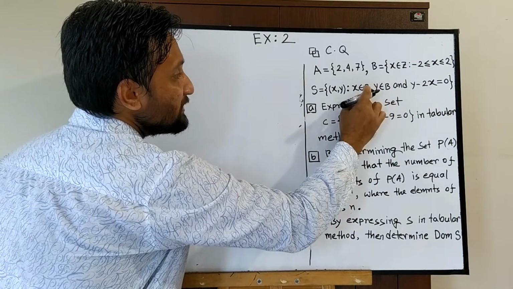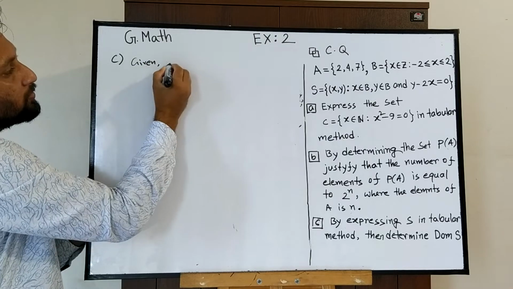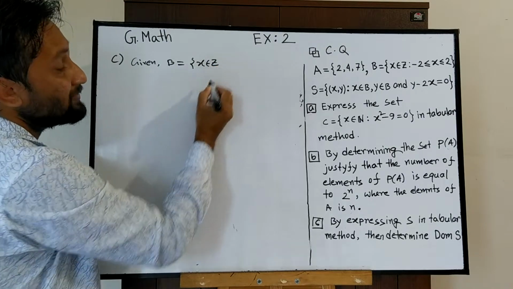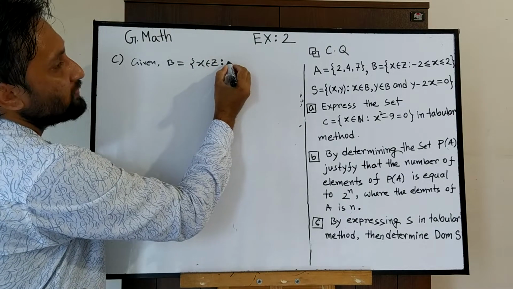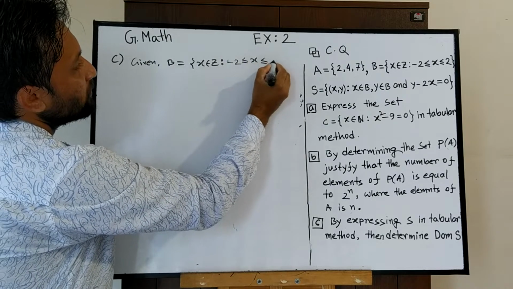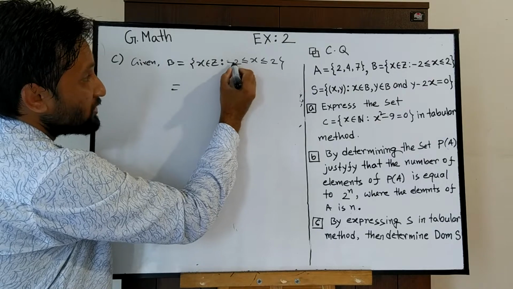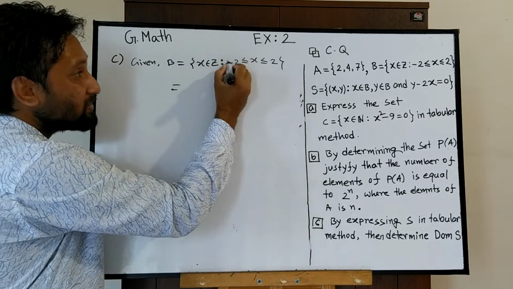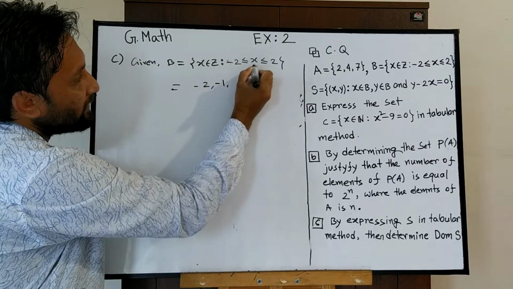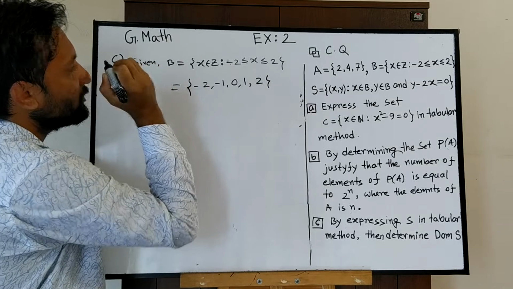That means at first we need the set B. Given B equals x, an element of Z, that means integers, all positive and negative values, such that minus 2 is less than or equal to x less than or equal to 2. So x belongs to Z, starting from minus 2: minus 2, then minus 1, then 0, then 1, and then 2. These are the elements of B.